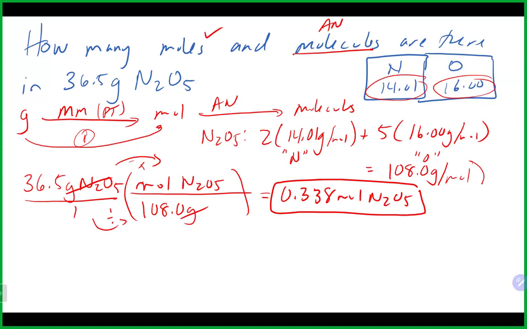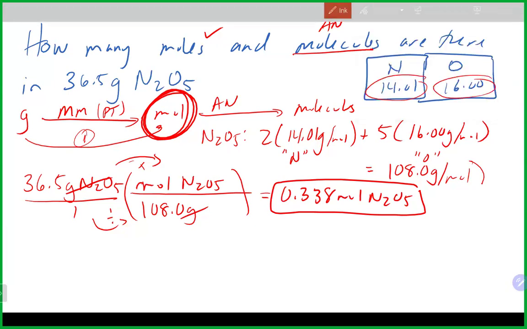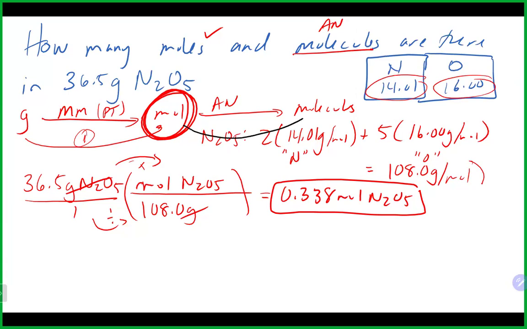So at this point, we are now sitting right here in our transition, right? And first off, any question on the calculation there? Now we need to go the rest of the way, and it's Avogadro's number. Again, that's going to take us basically the rest of the way here. And in this case, 1 mole of N2O5 would equal 6.022 times 10 to the 23, which is Avogadro's number.